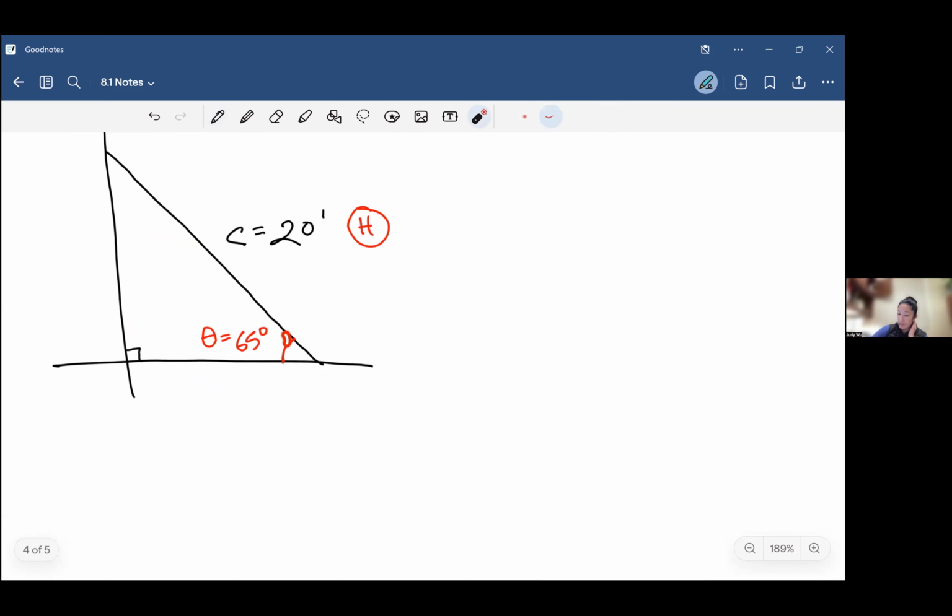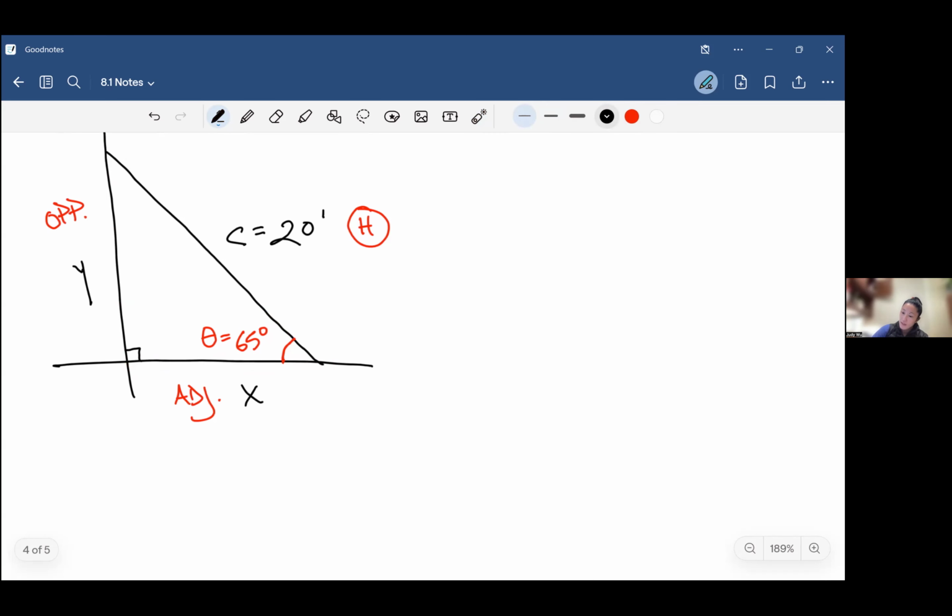Now, since this is the angle, that means that the side directly across from it is our opposite side. And let's call that side y. And then the side that is next to the angle, this one is our adjacent side, and let's call that one x.